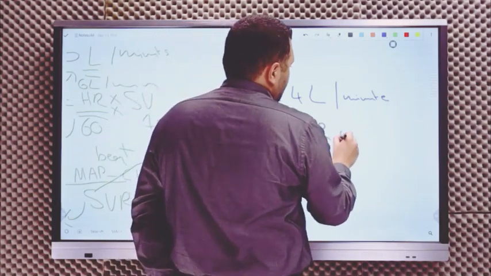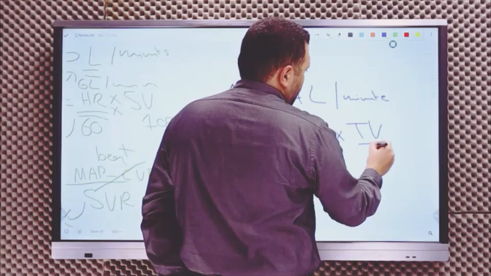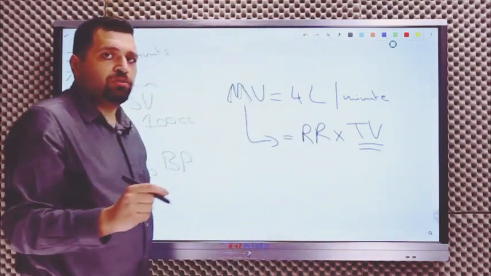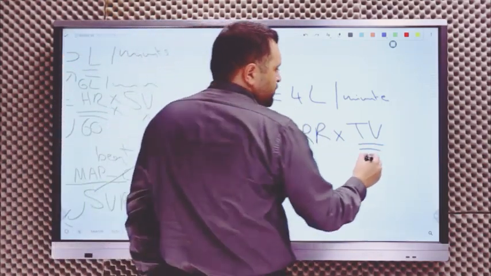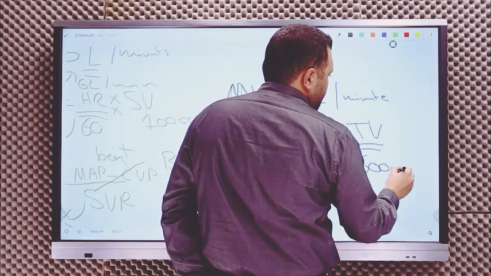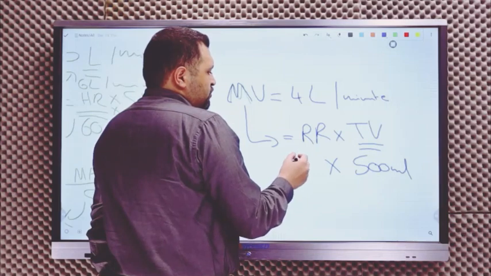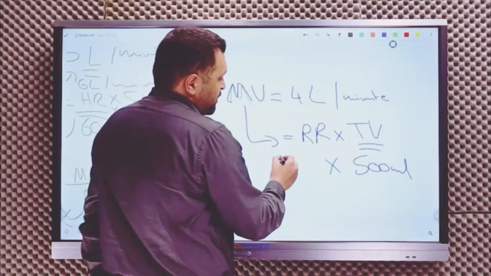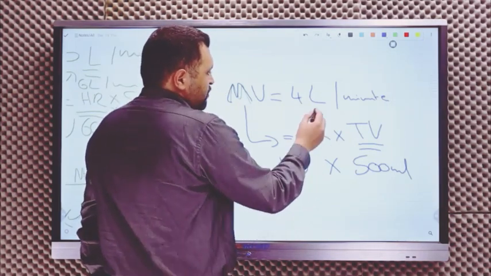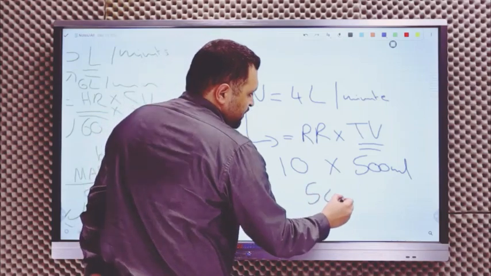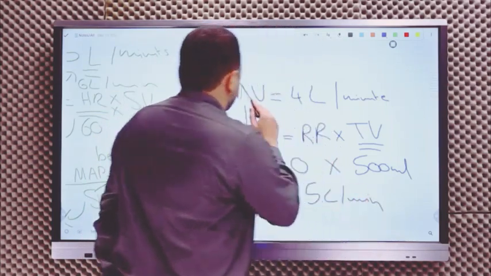It's the respiratory rate multiplied by tidal volume. The tidal volume is the volume you inhale or exhale with each breath, which is 500 ml. And the respiratory rate is around 12 to 20 or 10 to 20 breaths per minute. So at the end, we will have 5 liters per minute, which is the minute volume.